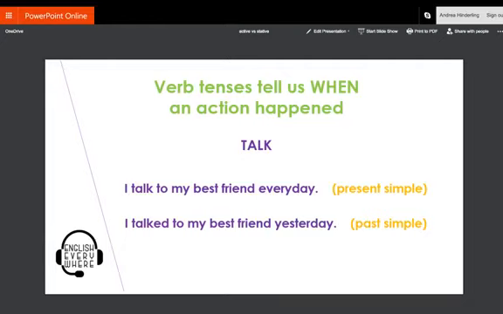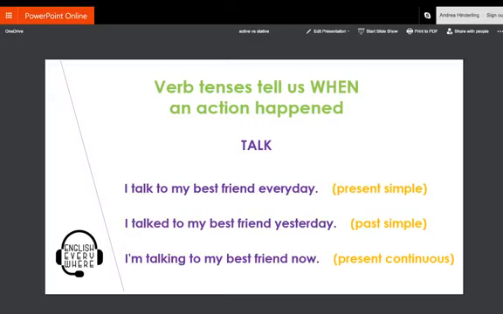That's the past simple. Another example is I'm talking to my best friend now. And that's the present continuous. And again, we know that it's the present continuous because of two things. One, the verb, I am talking. And we know that the present continuous is the verb to be in the present and the gerund form of the verb. Talking, ing, is the gerund form of the verb.